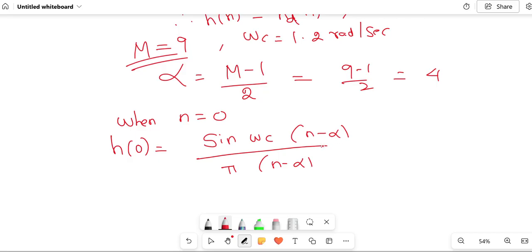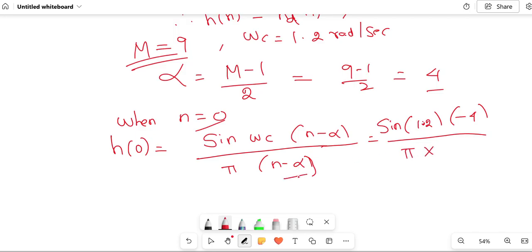So, you substitute omega c value 1.2. Use the calculator, put in proper mode, 1.2 radians per second into n minus alpha, where n is 0 and alpha is 4, substitute step by step, and pi into minus 4 as well.